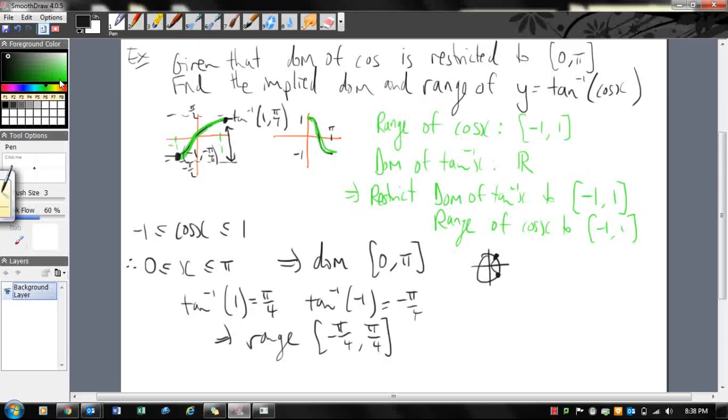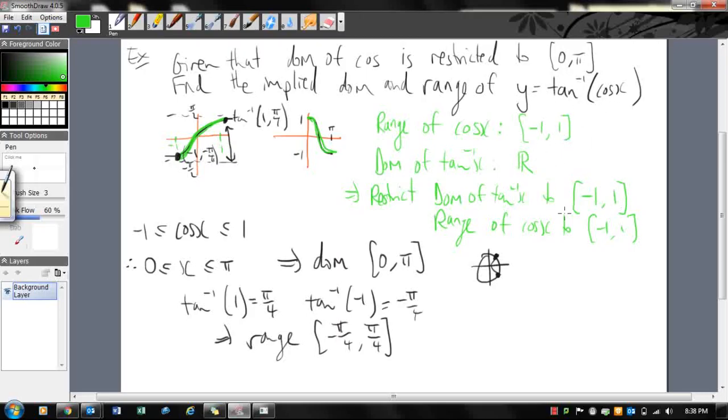So just to summarise, let me go through that again. When you're beginning, just sketch them, it will help. You've got an inside function and an outside function. For the entire function to be defined, you need to match the range of the inside function with the domain of the outside function.